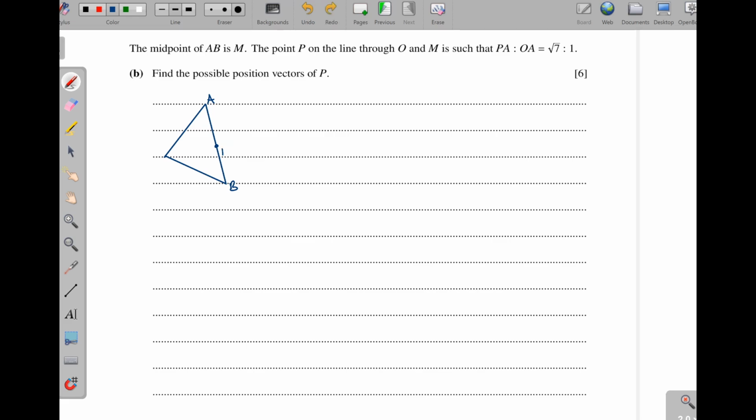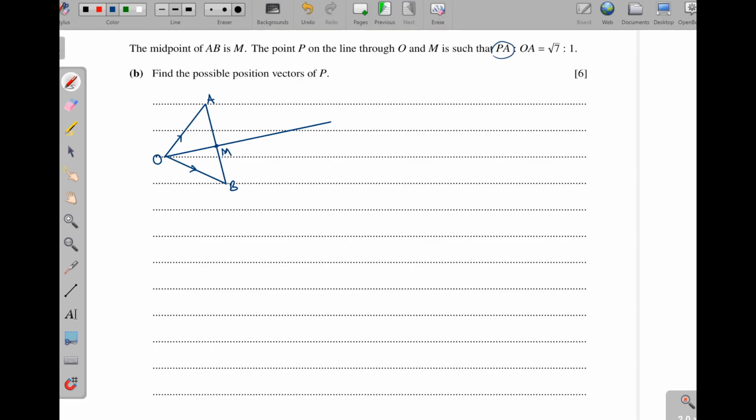Okay. Then this is O here. So you have OA, then OB. The point P is on the line through O and M. So P is on this line here.